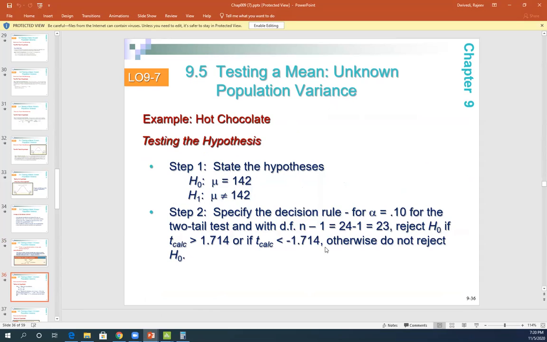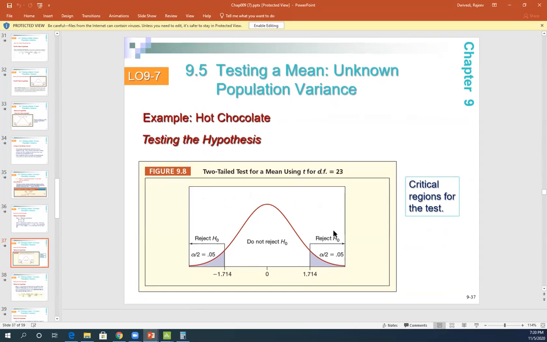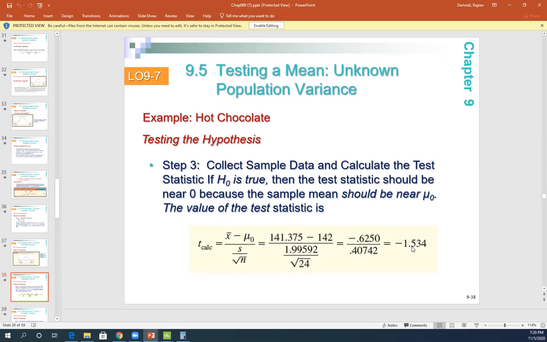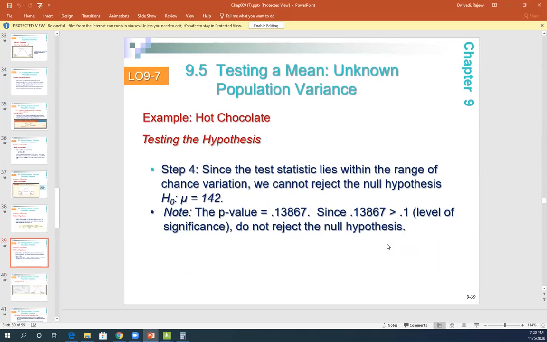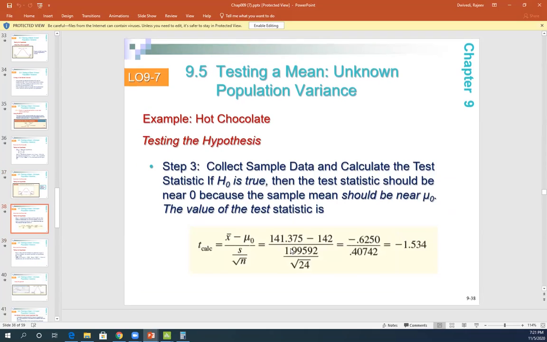So left tail and right tail, degrees of freedom, this is minus 1.7. These are the rejection regions. And when you calculate, this is coming minus 1.534, and minus 1.34 would be in this acceptance region. Do not reject the null hypothesis.